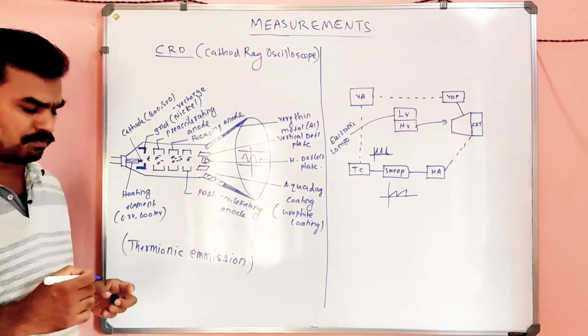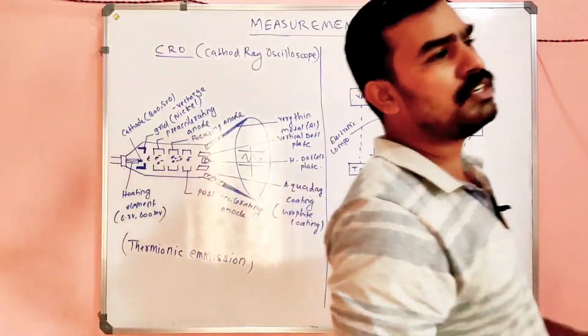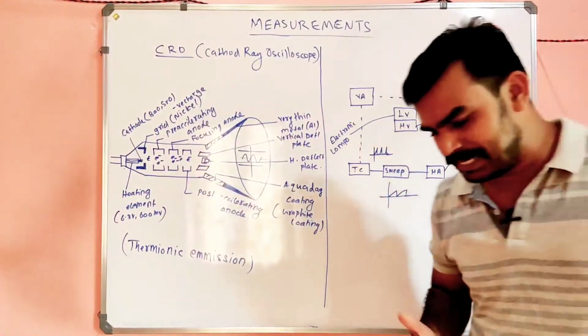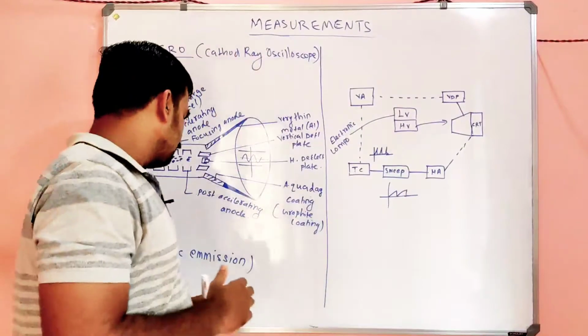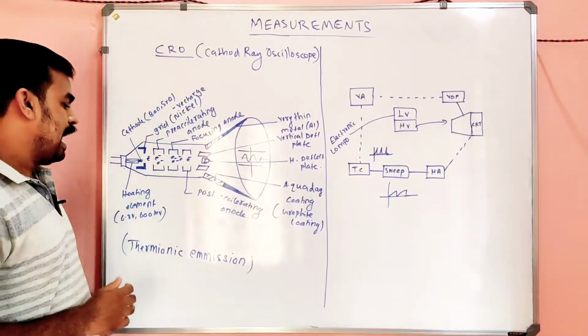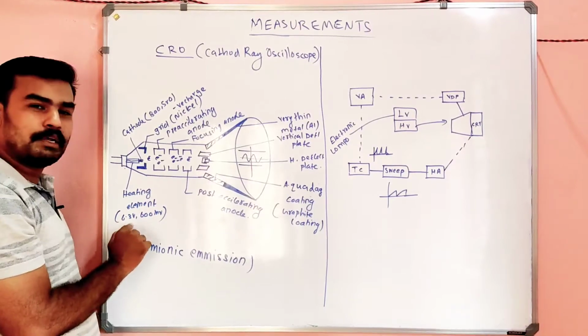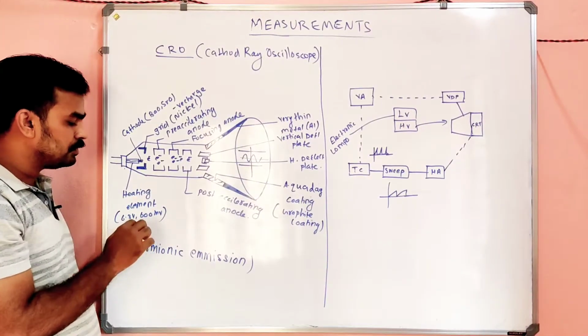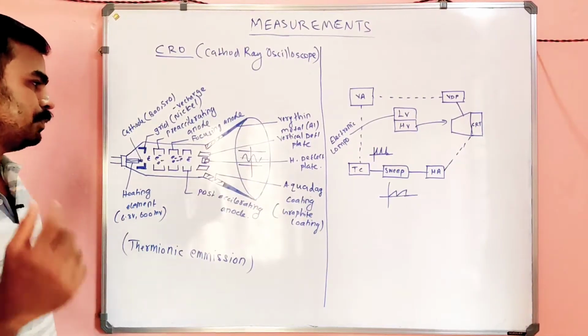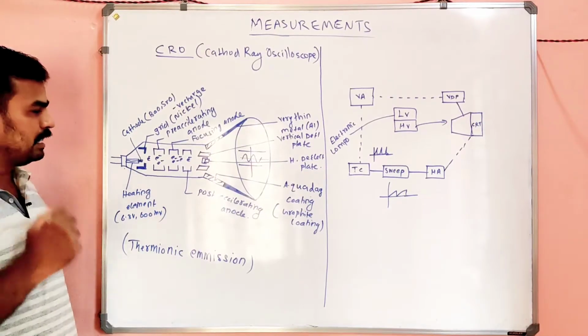These are the words you have to note, because a question may be asked from this region. This is the heating element, which requires a voltage of 6.3 volt and 600 milliampere.